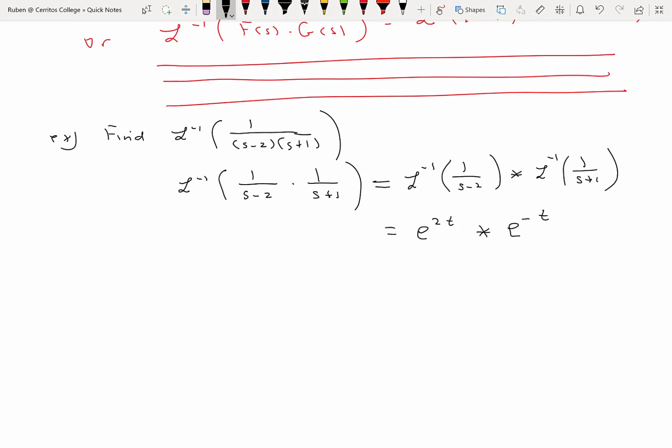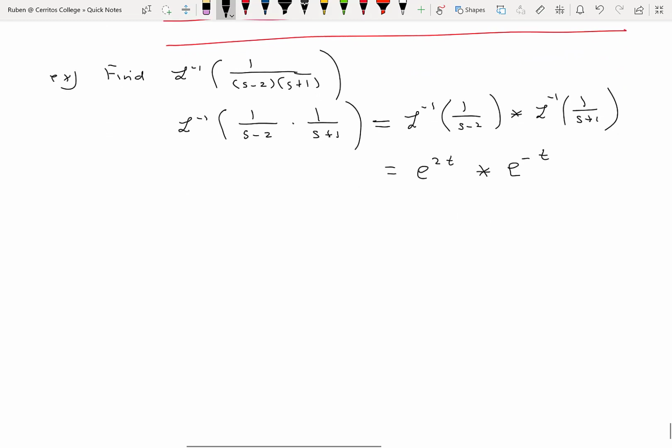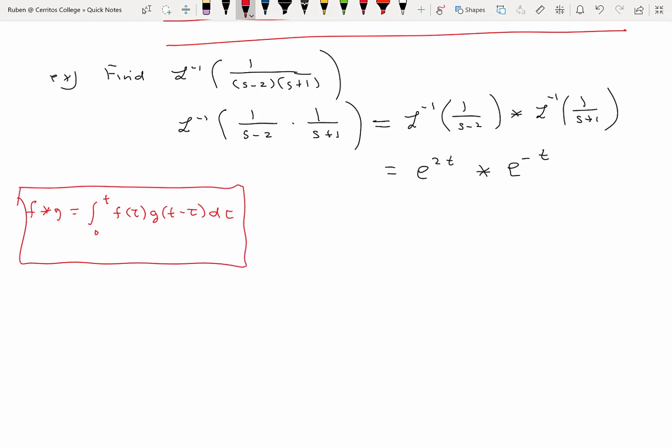This is where we have to do some work, or some serious work. This is a convolution. So remember what the convolution says: f convolved with g is the integral from 0 to t of f of tau g of t minus tau d tau. We can't escape our definition of the convolution.